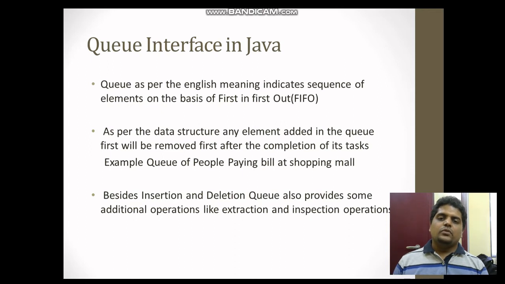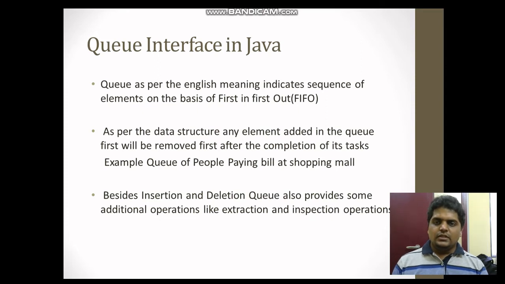Any kind of queue you might consider, be it for paying bills or an admission queue for paying the admission fees of students, these are the best examples of queue in real-time scenarios. In the real-time scenario, the first person that went first will go out first. Similar kind of concept is used in the Queue interface.